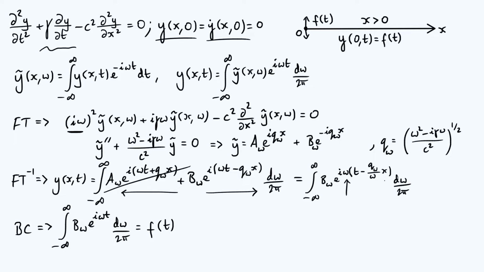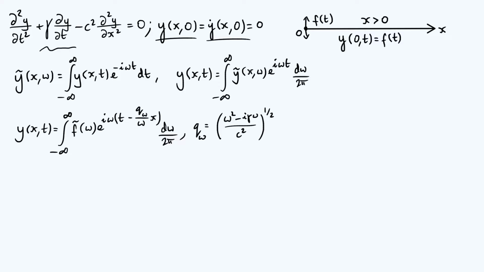Because the x term just disappeared when we substituted in x equals 0. Now, you can probably spot by inspection that the integral there is just an inverse Fourier integral, right? And so by inspection, you can see that b_omega has to be the Fourier transform of f. So we can conclude, let me just write down here, that b_omega is the Fourier transform of f.